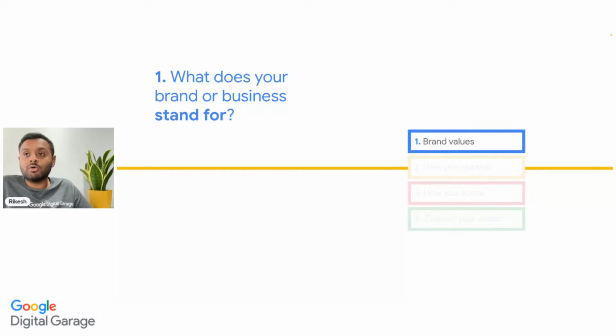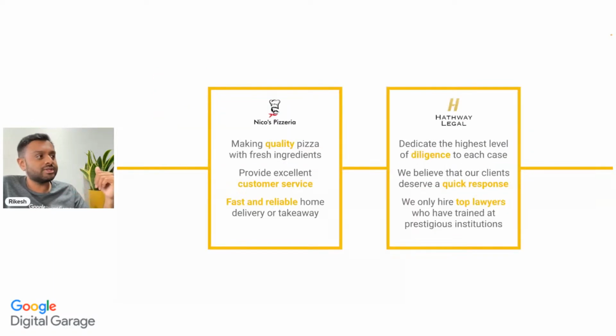What are our own moral values, what do we believe in, and what do we pride ourselves on in general as well? As we go through each one of these steps to developing our brand tone of voice, I want to share with you a couple of business examples of how they would tackle each one of these steps in turn.